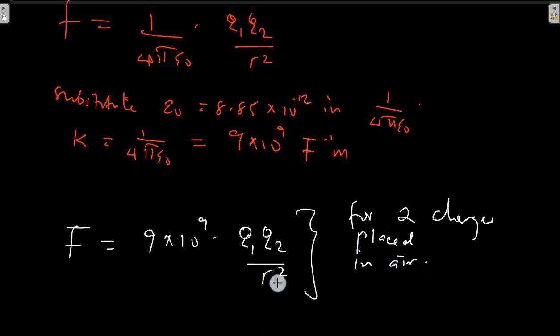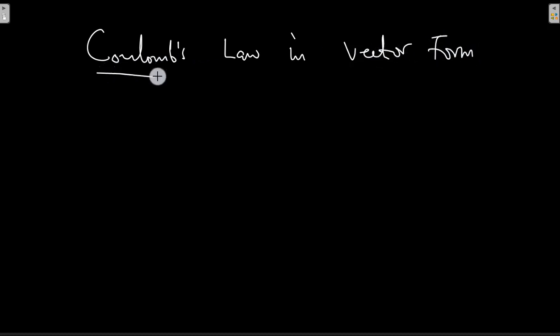Let us proceed and write Coulomb's law in vector form. In our previous study, we have only looked at the magnitude of force without taking into consideration the direction of the force. We will now write Coulomb's law in vector form. Let us consider the two charges that we had at the beginning, Q1 and Q2, all of them positive in this case.